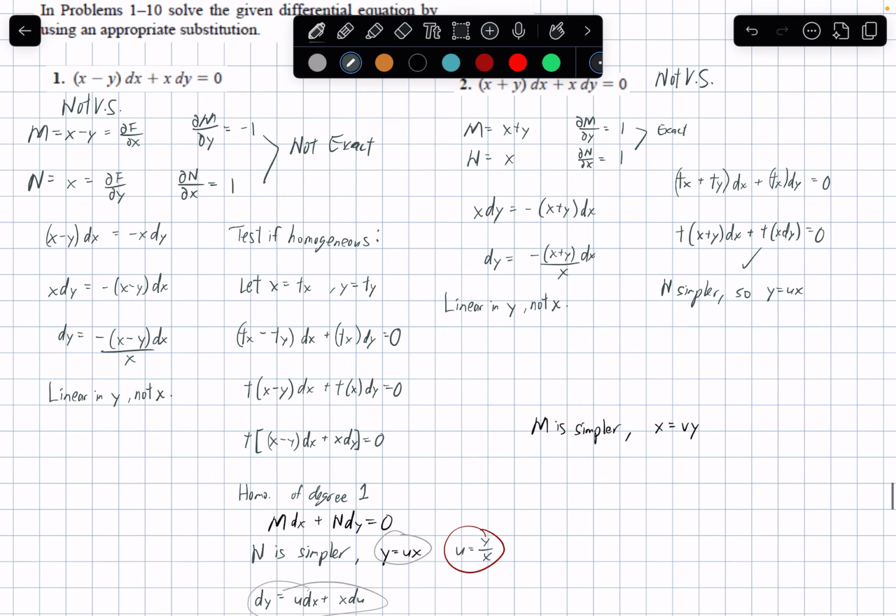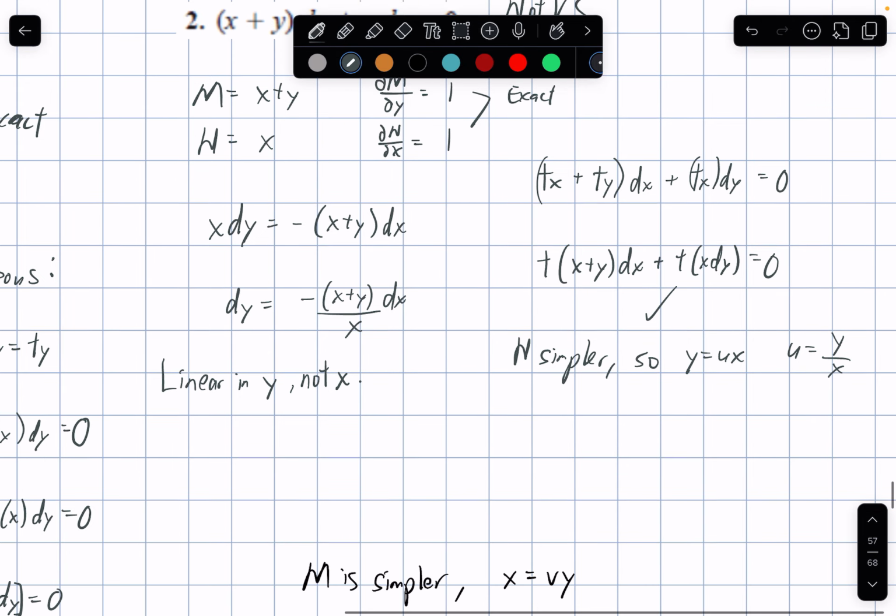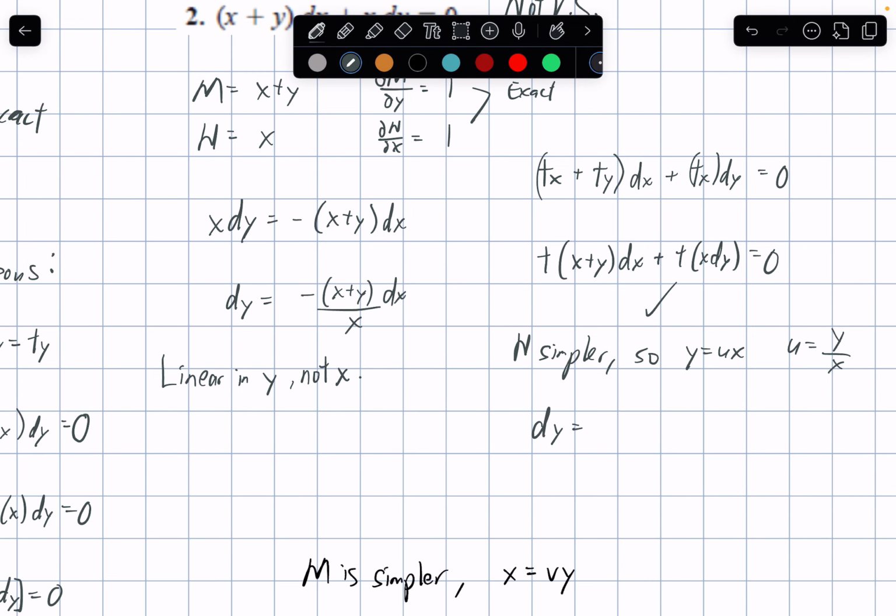Okay. And again, u is equal to y over x. And find the derivative. dy is equal to u dx plus x du.